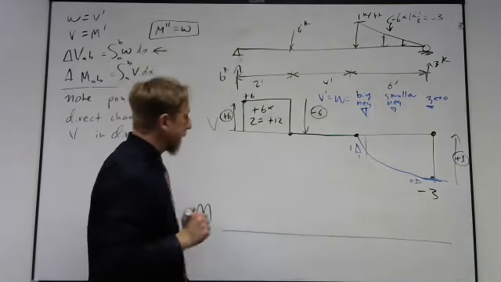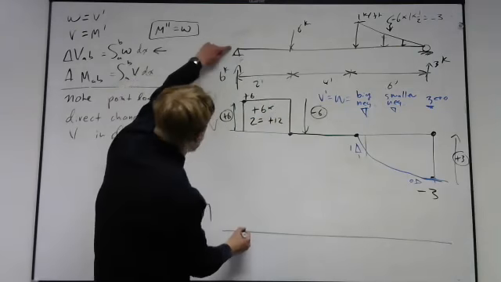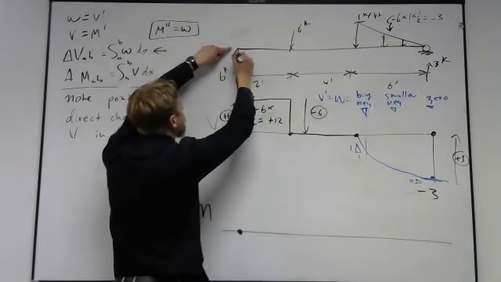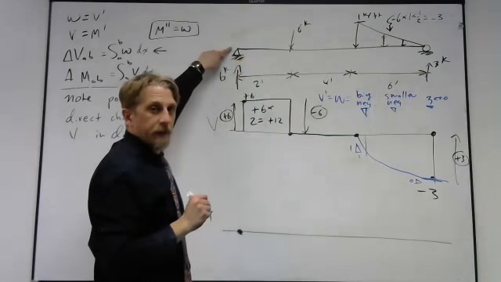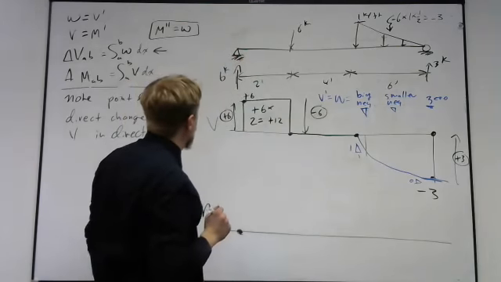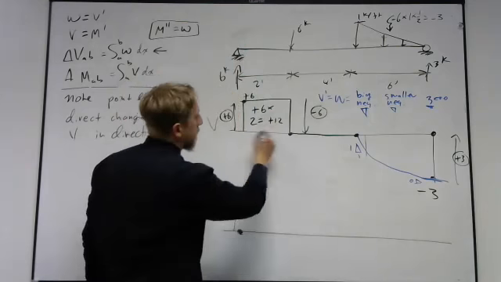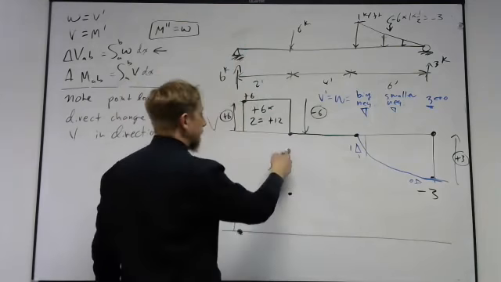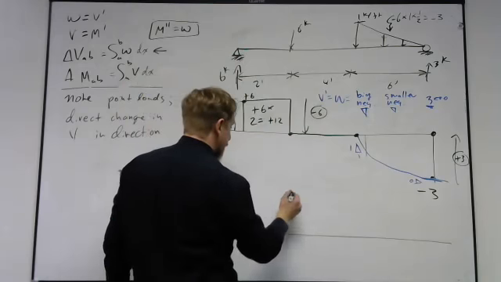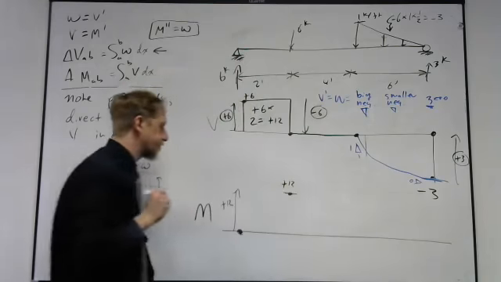I'll leave that for now. Start at 0. I don't see an applied moment. There's no fixed end or anything like that either. Can't be a moment that lives here. So I go up by 12 to this point. That's the change from here to here. Up by 12, positive 12.